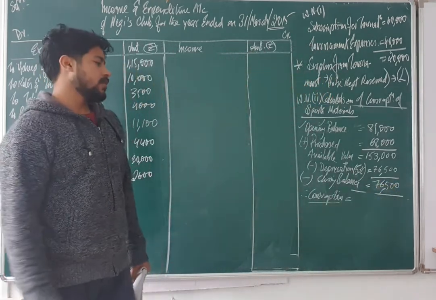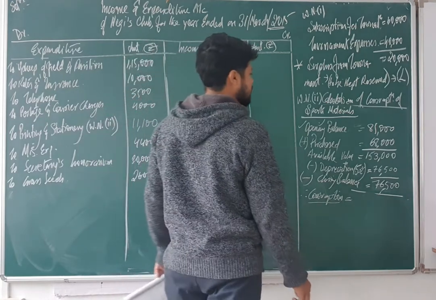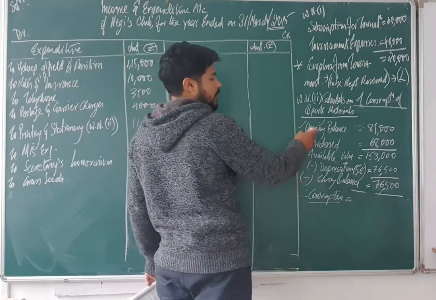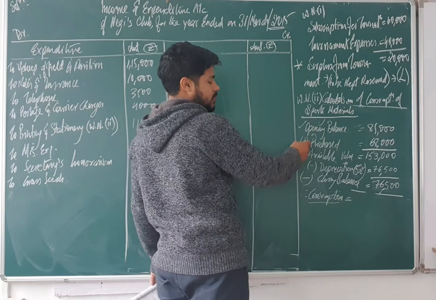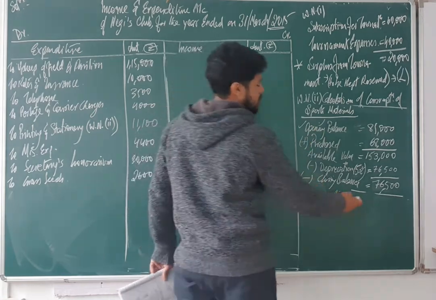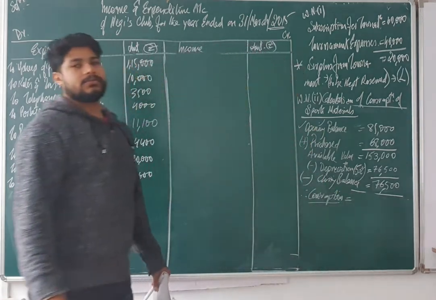Plus 50%. Now consumption. I need consumption. So how do we do it? Opening stock plus purchases minus closing stock. Tell me what are you getting? That will be the consumption.